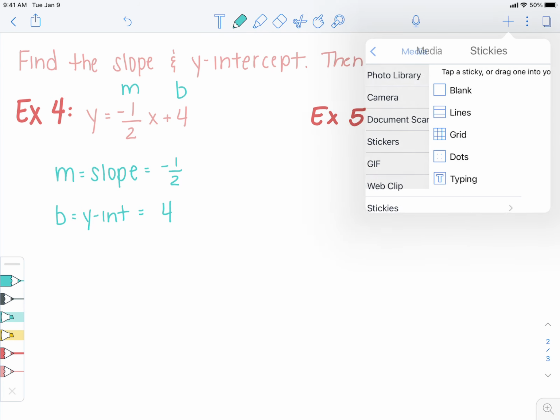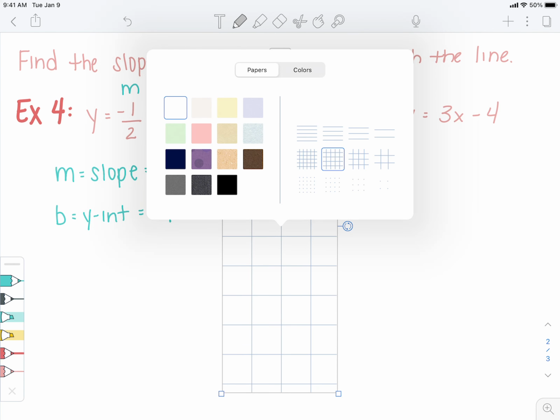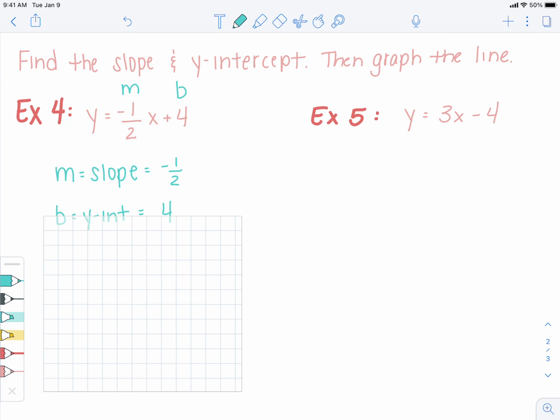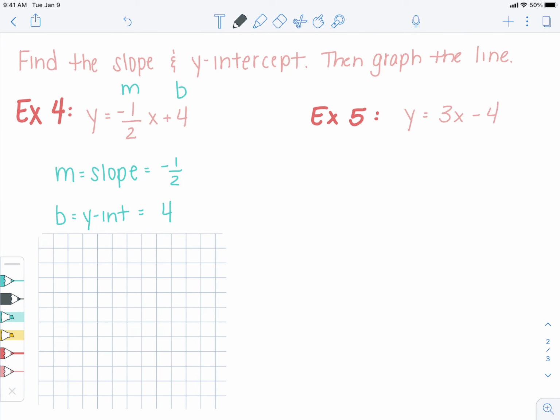So now I'm going to put in my sticky so that we can graph it. I'm going to draw my x-axis and my y-axis.